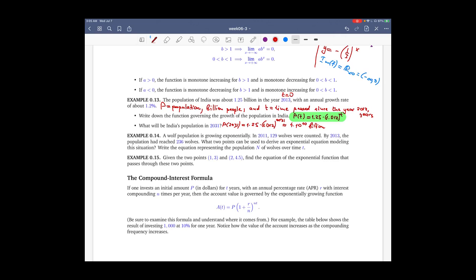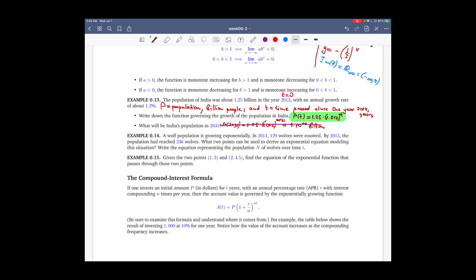So of course you see that the mistake is that we agreed to measure time since the year 2013, and therefore instead of replacing t by 2031, I should replace t by the number of years passed since the year 2013. So that is a mistake.